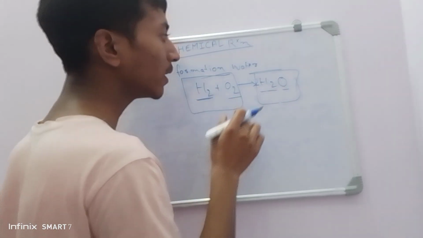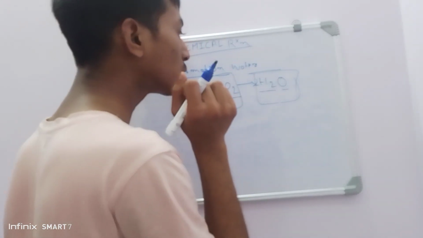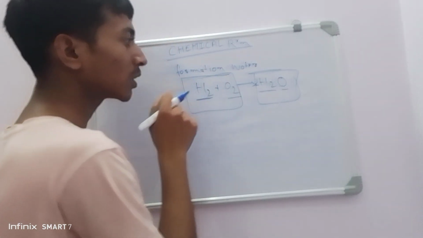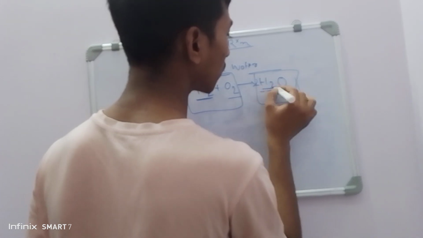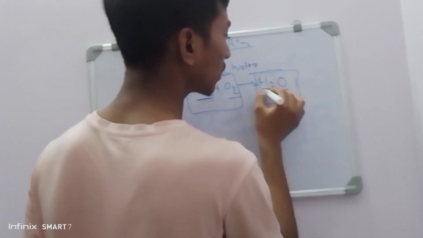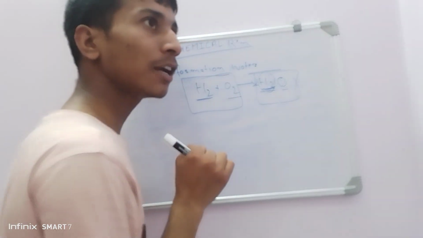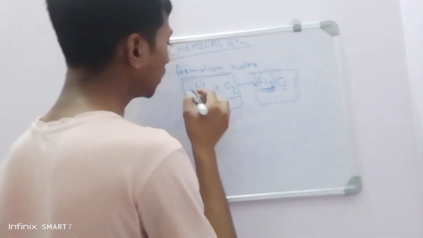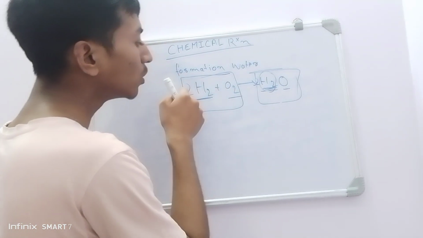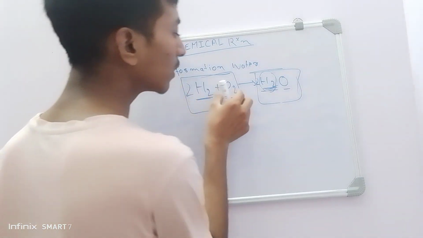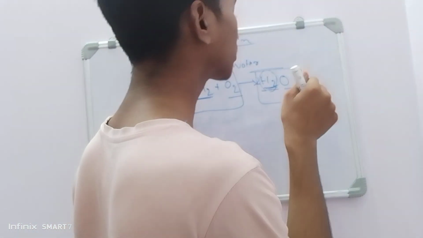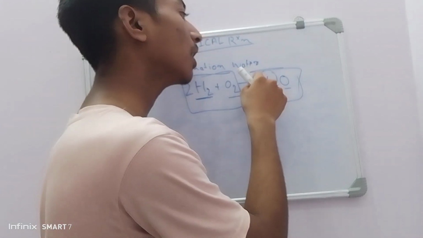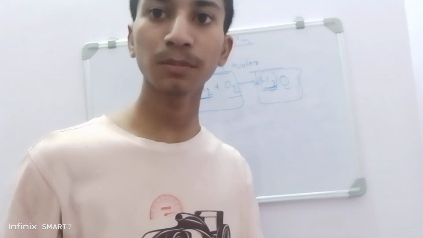When you multiply by 2, hydrogen becomes 4, because we already had 2 and multiplied by 2. Multiply here by 2, so it also becomes 4 here. Now we have 2 oxygen here and 2 oxygen there, because we had 1, and when 1 is multiplied by 2, it becomes 2.